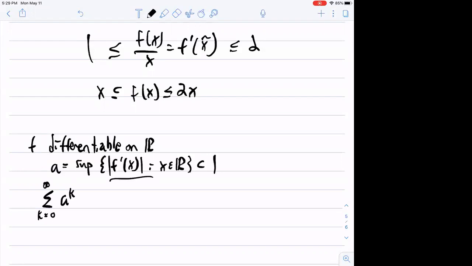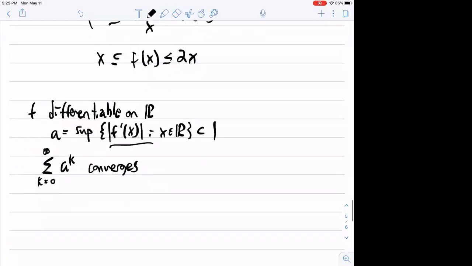So this is a geometric series, and geometric series converge for values between -1 and 1. So it converges, and hopefully you could show by the limit definition that the tail goes to 0.